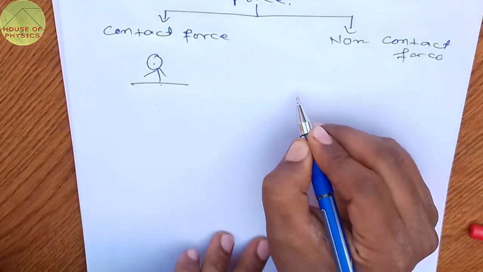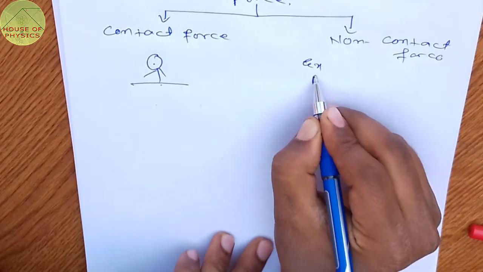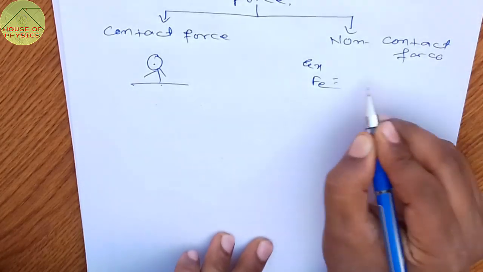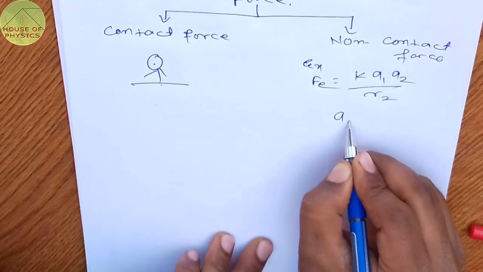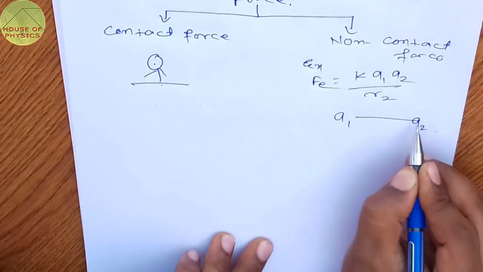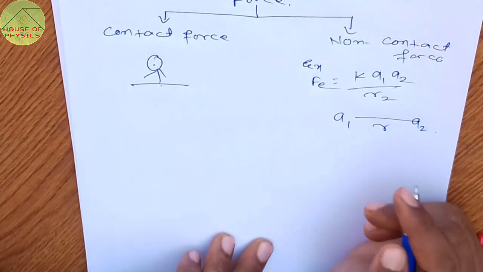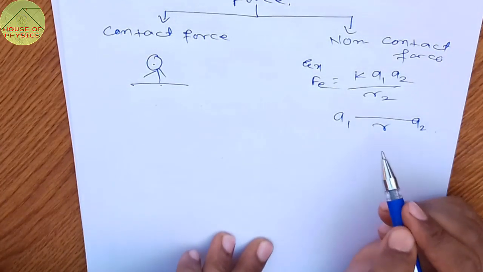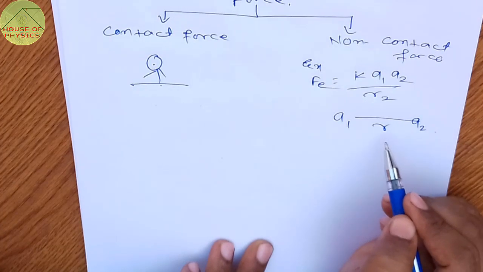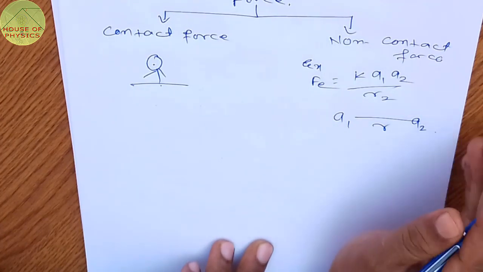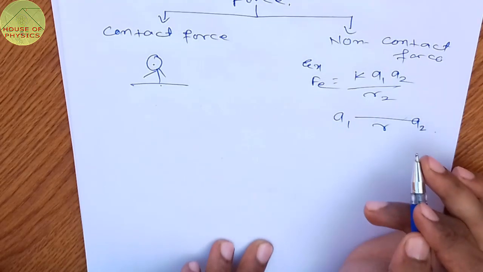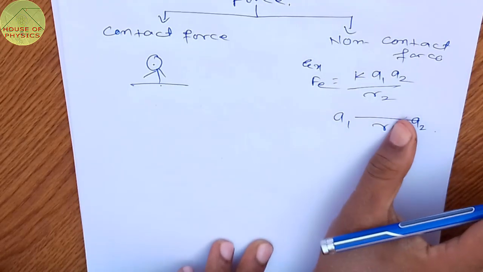For example, electrostatic force, which as we know is Q1 Q2 upon R square, where Q1 is one charge, Q2 is another charge, separated by distance R. This electrostatic force can be attractive as well as repulsive, depending upon the nature of the charges. The force is still acting even if the two charges are not in contact.